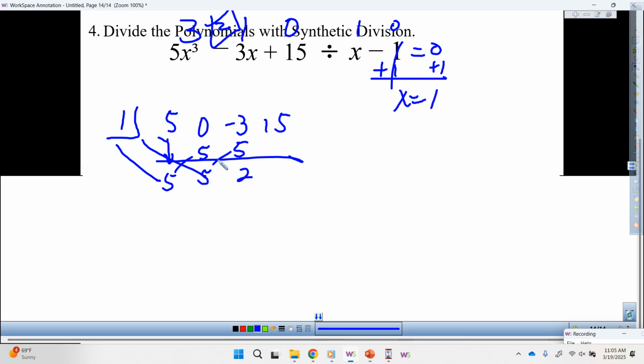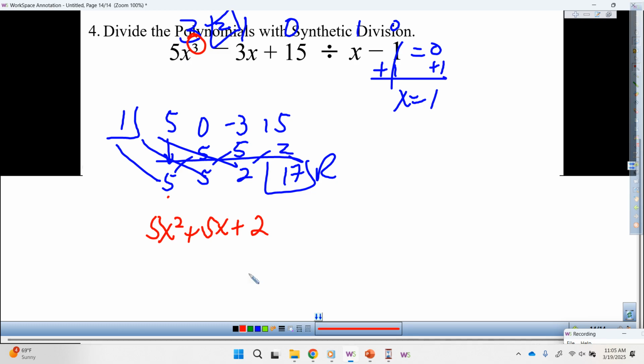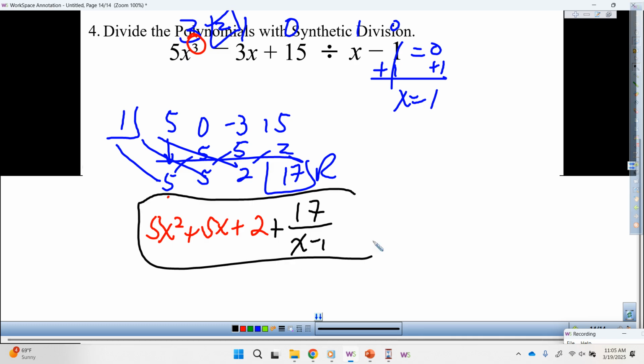Combine, that's 2. 1 times 2 is 2. Combine, that's 17, my remainder. So if we started with a cubic, that means this one now is 5x squared plus 5x plus 2 plus the remainder, which is 17 over x minus 1, which we get from over here.